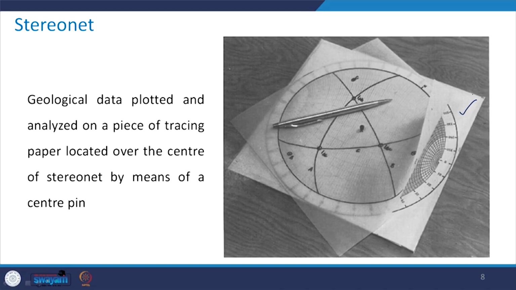Then on top of that we will place a tracing sheet. This is your tracing sheet, and we can pin that tracing sheet with that stereo net at the center. So, this point of the tracing sheet as well as the stereo net will be fixed.